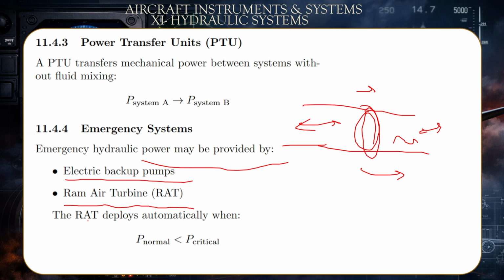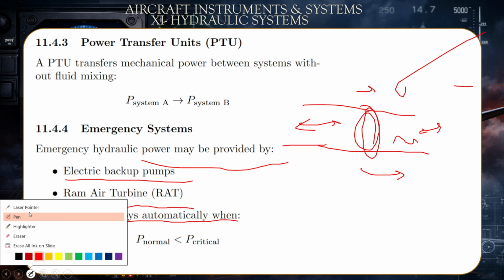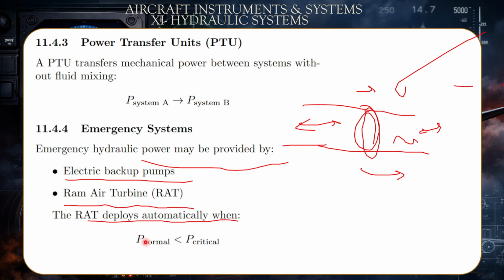The RAT deploys automatically when the normal power, or the current power, is less than the critical power, which usually happens when you have both engines at flameout, when you have loss of power in both engines.